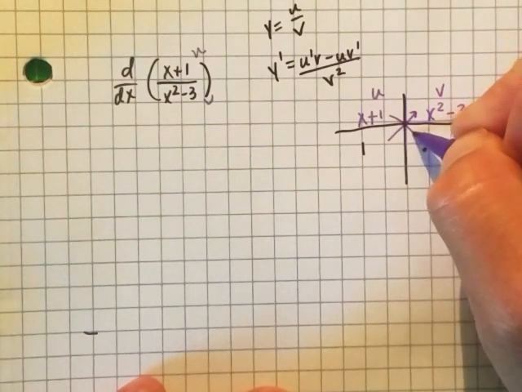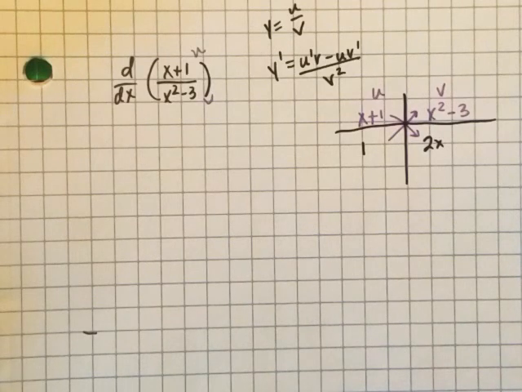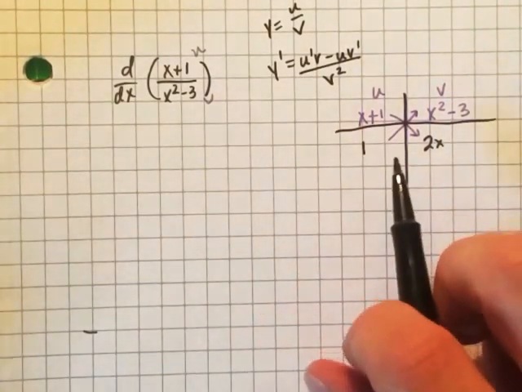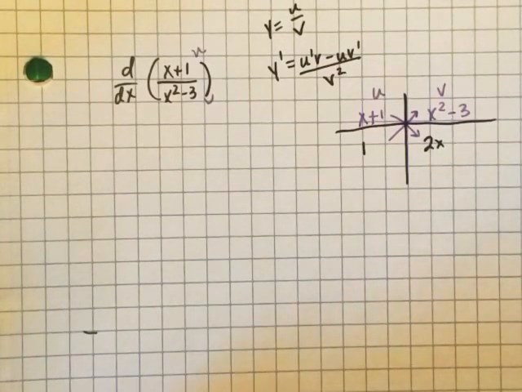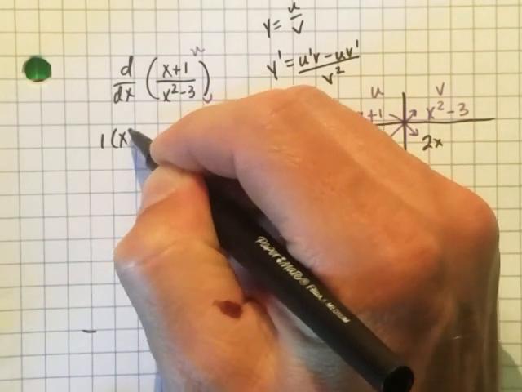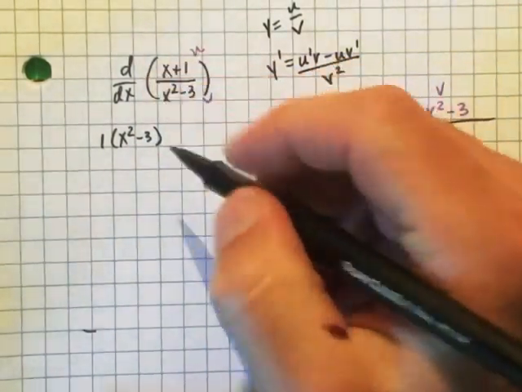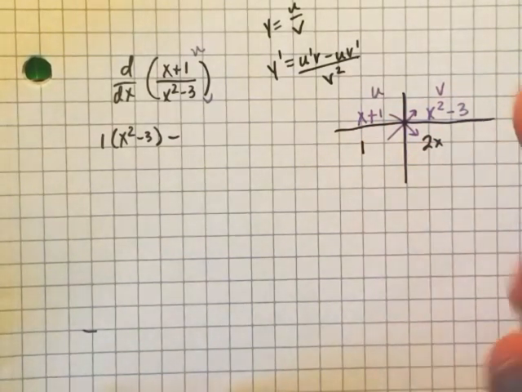Remember, we go from here to here, then here to here, remembering to include a minus sign in between and a v squared on the bottom. So let's see. We got to go from u prime to v. So that's going to be 1 times x squared minus 3. We have to include the minus. And then we're going from u to v prime in this order here.